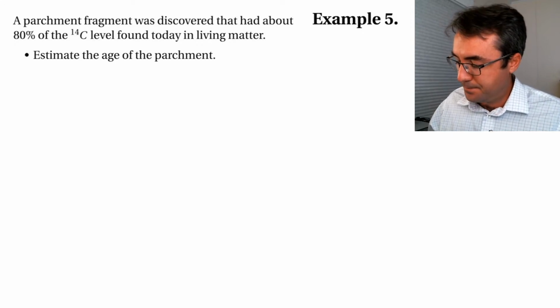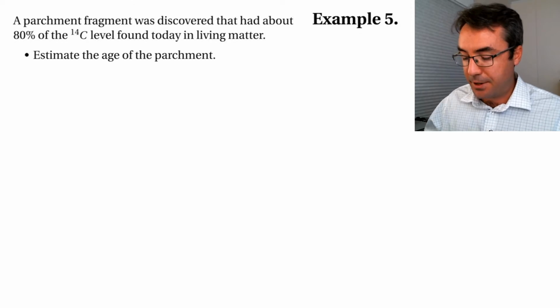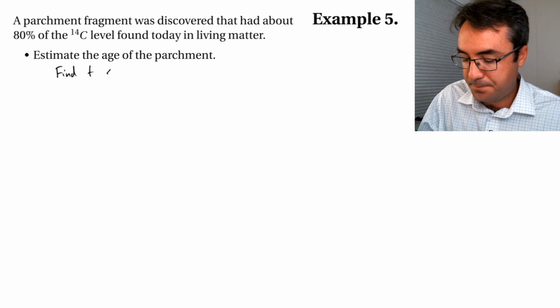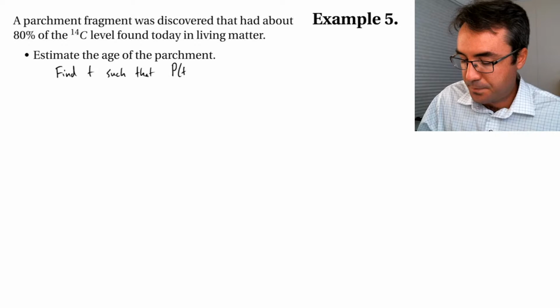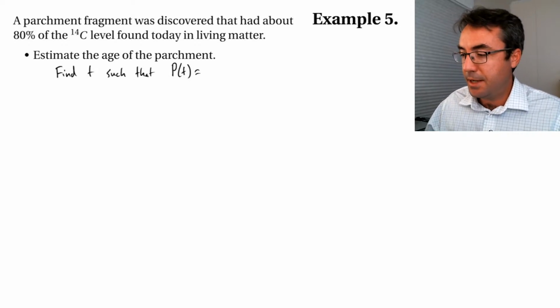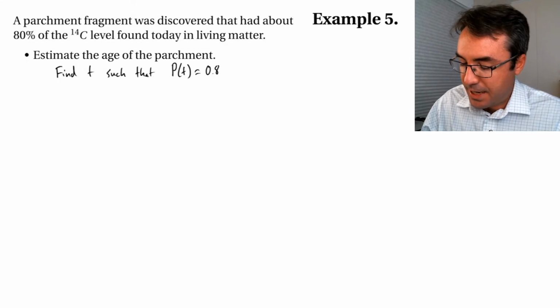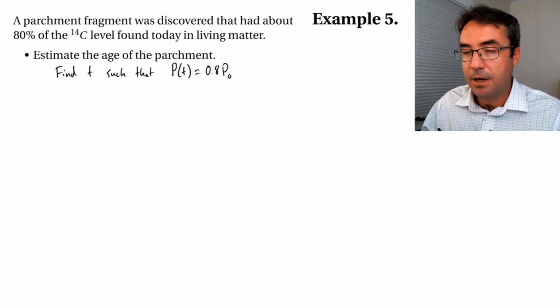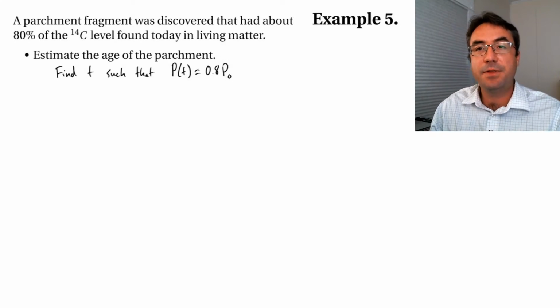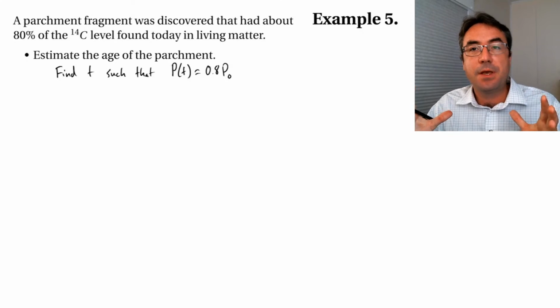All right, so what are we trying to figure out here? We're trying to figure out the time t such that the amount of radioactive carbon-14 is equal to 80% or 0.8 of whatever was there initially. So we have this plant matter that was harvested in order to create the parchment.